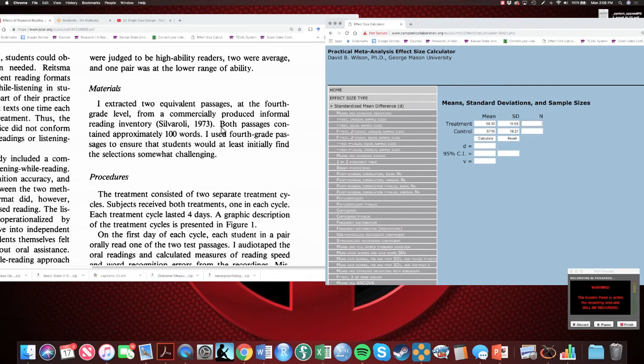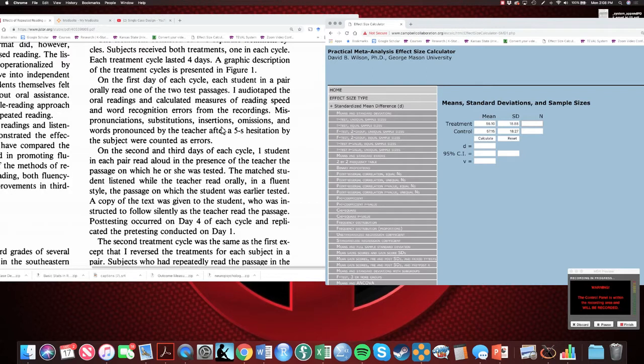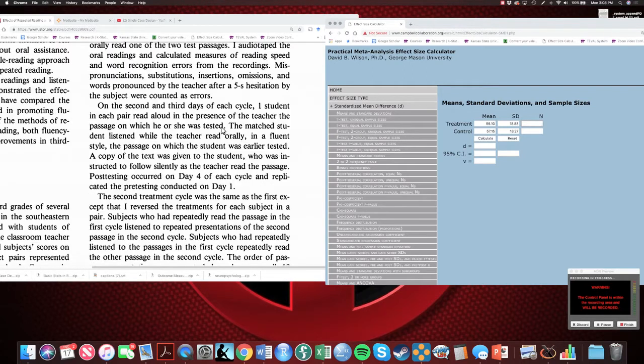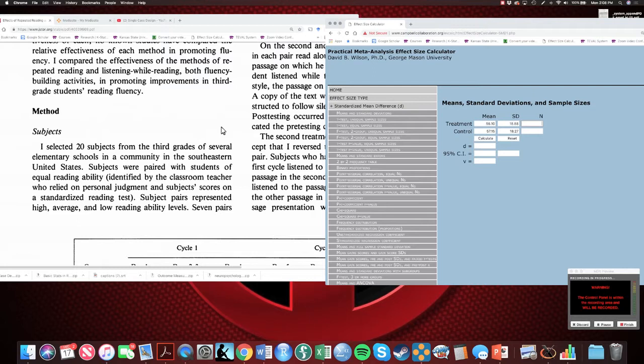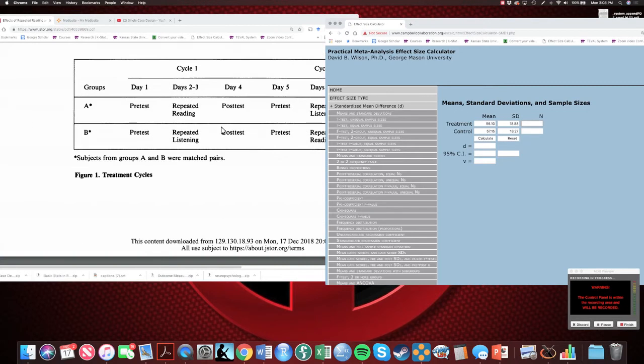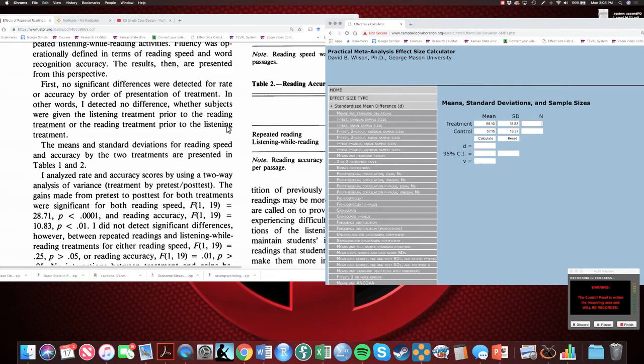And it's never easy to find all of the information. It looks like 20, and we'll just use 20.